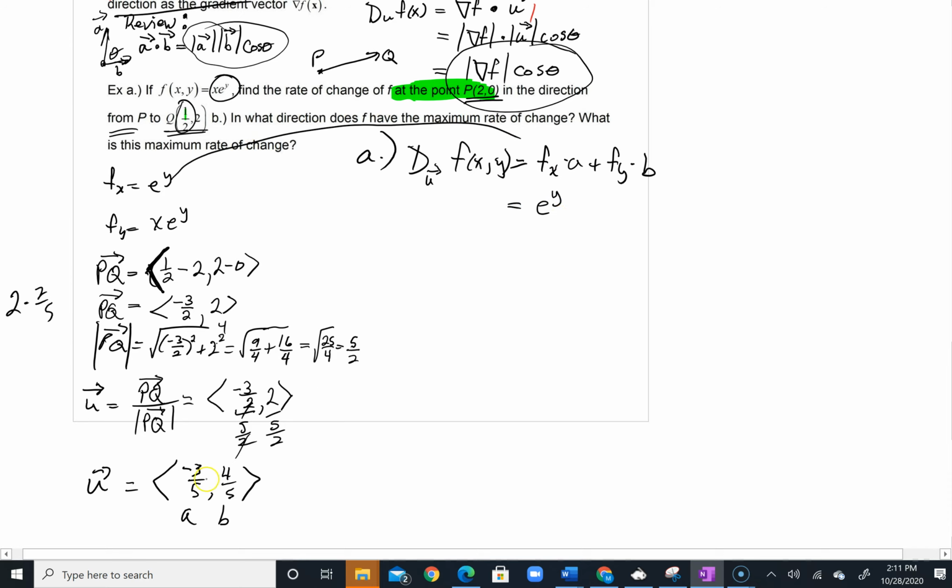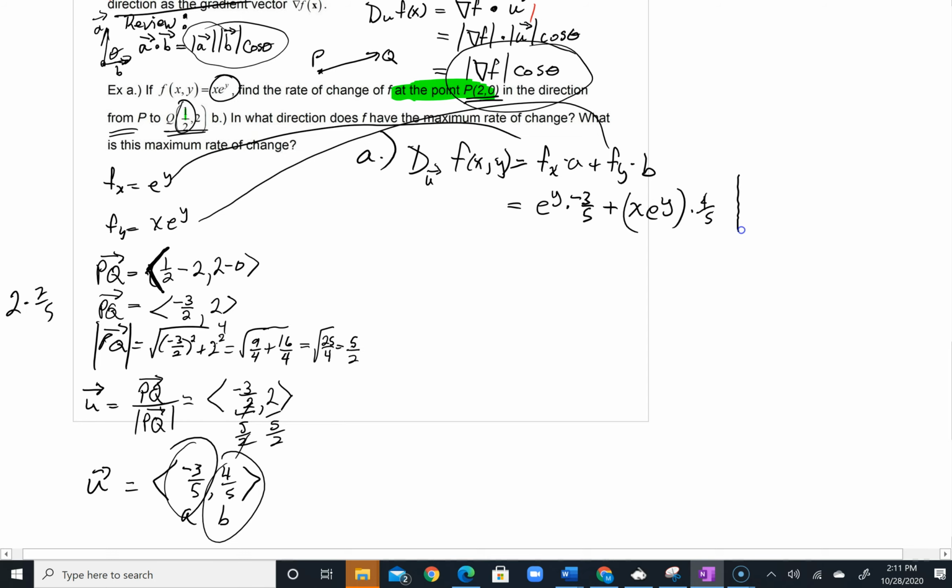And our a, we did that down here, that's -3/5. And f sub y, this is a little bit more work. It's x e^y. But then our b was down at the bottom here. That's 4/5.